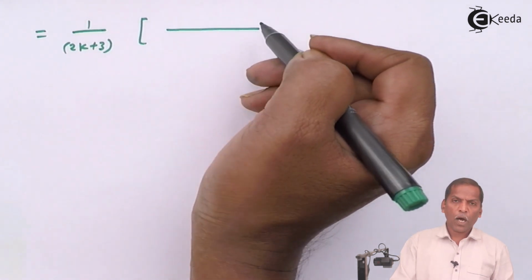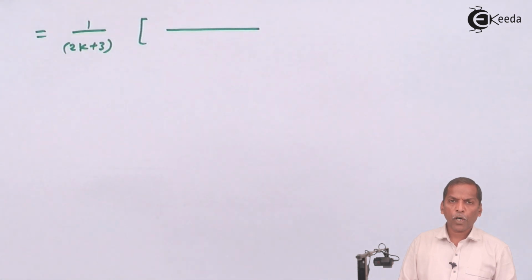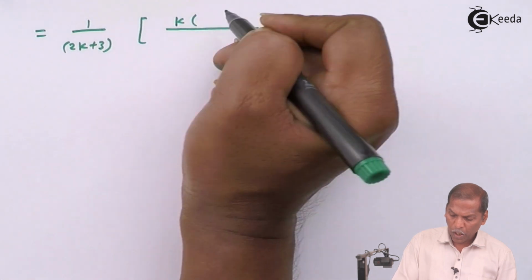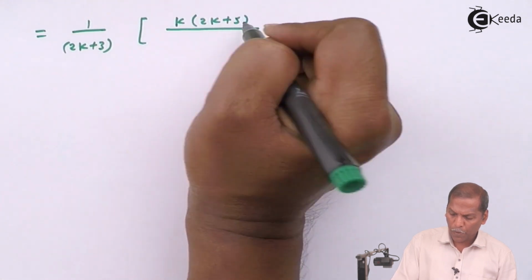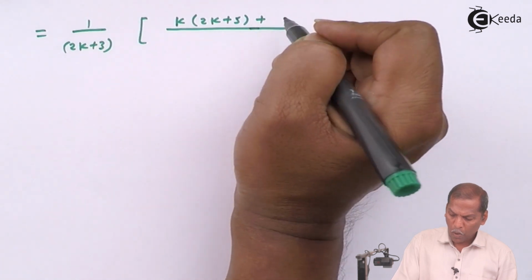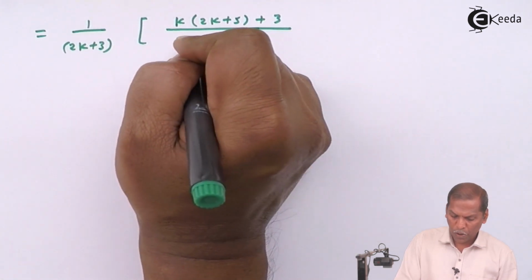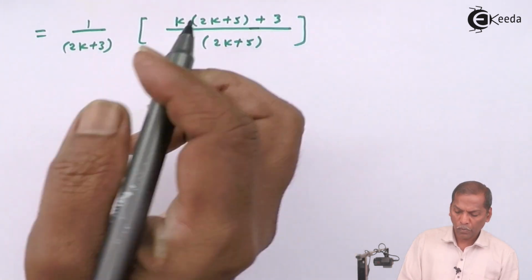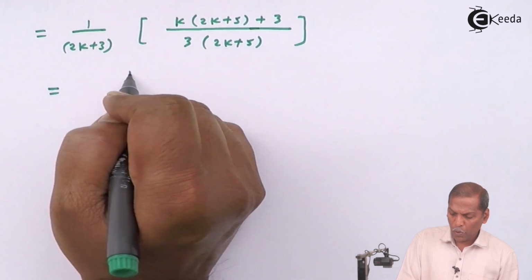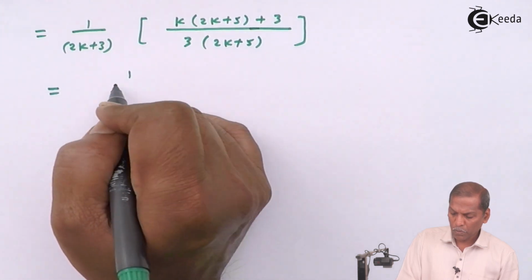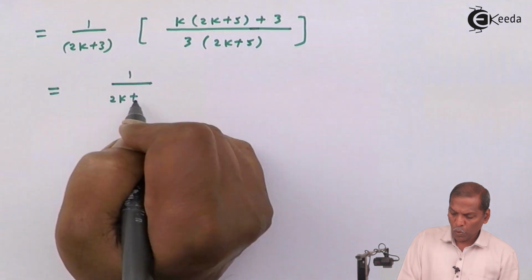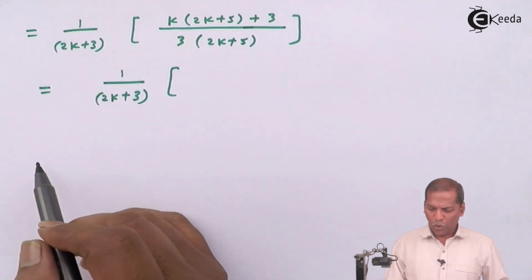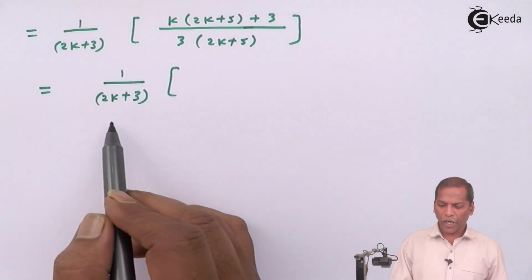In the bracket we have different denominators, so we go for cross multiplication. On cross multiplying we get k into (2k plus 5) plus 1 into 3, upon 3(2k plus 5). So that is equal to 1 upon (2k plus 3) as it is.